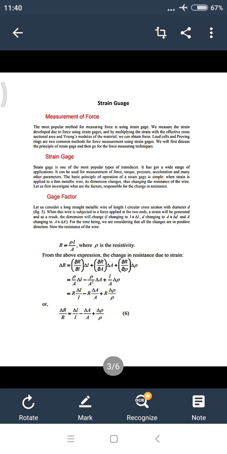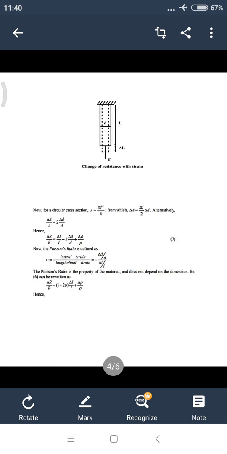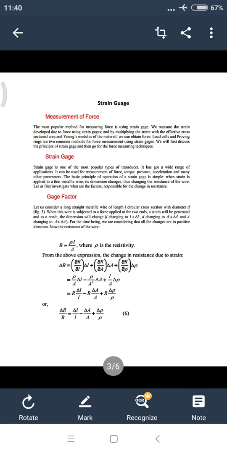Now the resistance of the wire. The figure shows a conducting wire of length L and diameter D, and after the application of force or strain, the change in length is delta L. The resistance of the wire is given by R equals rho L by A, where rho is the resistivity.